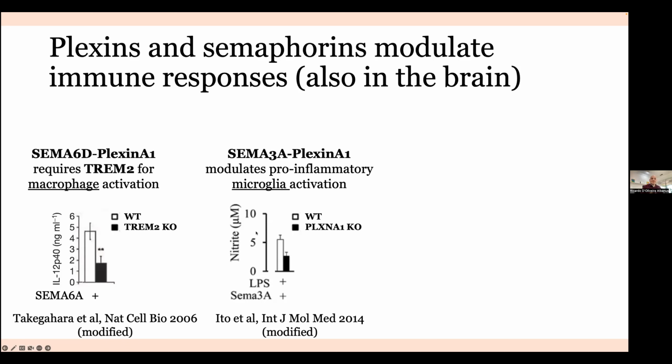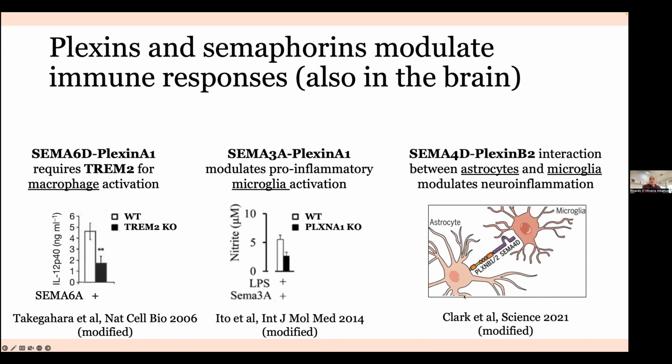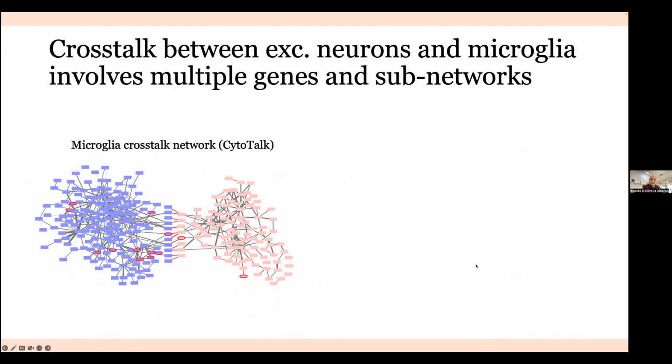So this is getting closer to the neuroinflammation aspect. And more recently, the Quintana group paper that I mentioned in the intro identified plexin semaphorin crosstalk as a modulator of neuroinflammation. So this together makes this family a really attractive target to study further in the context of neurodegeneration.